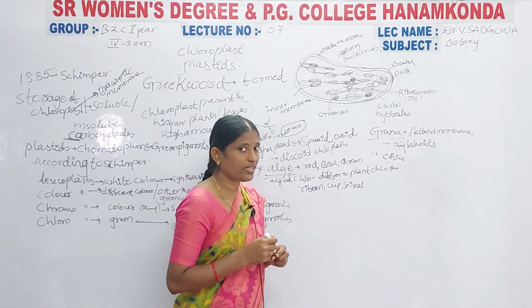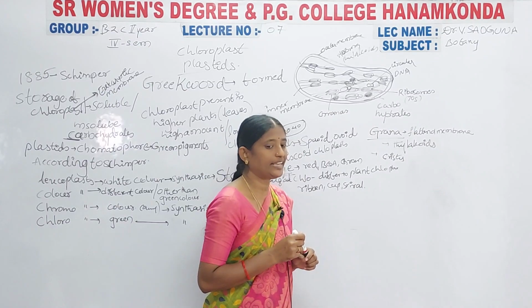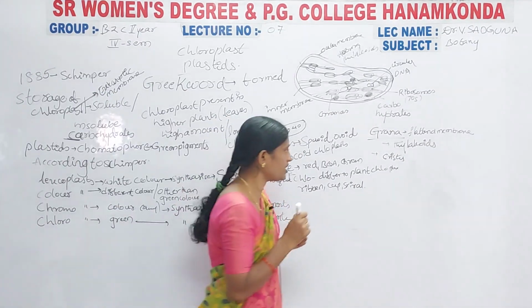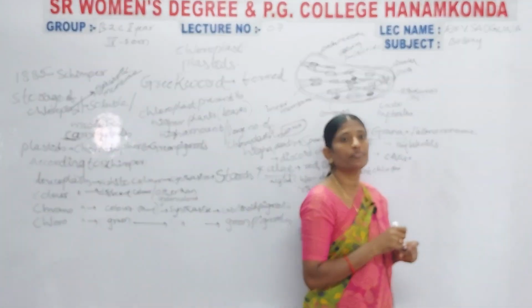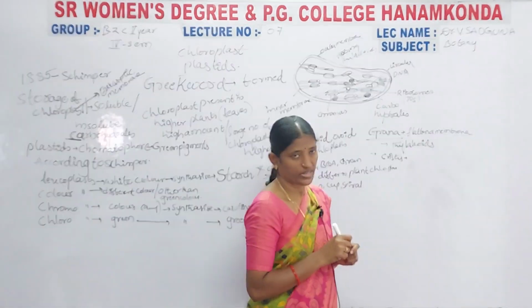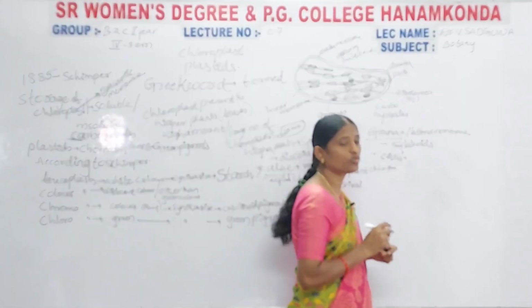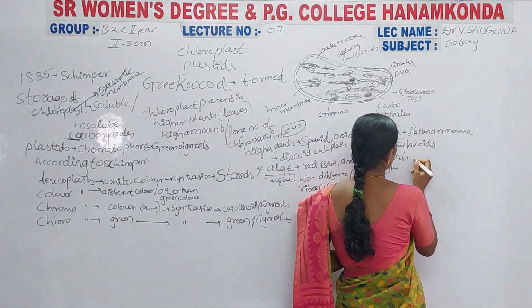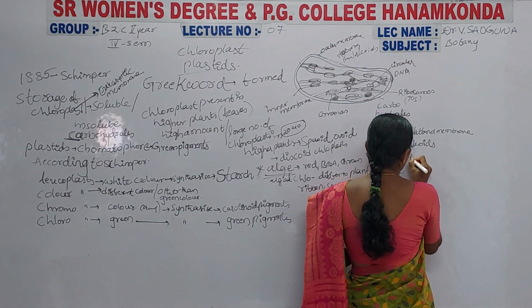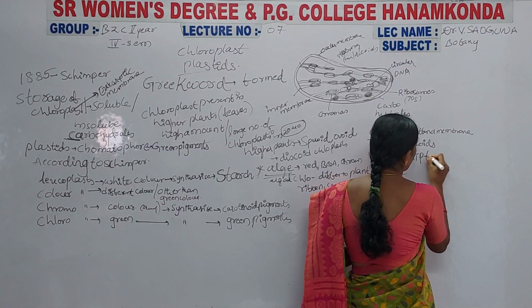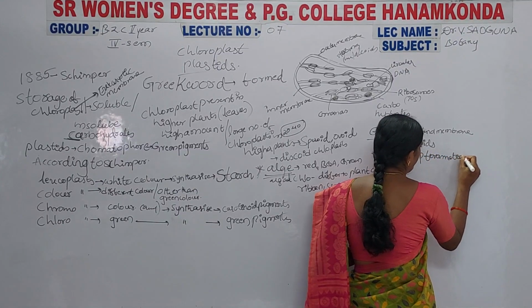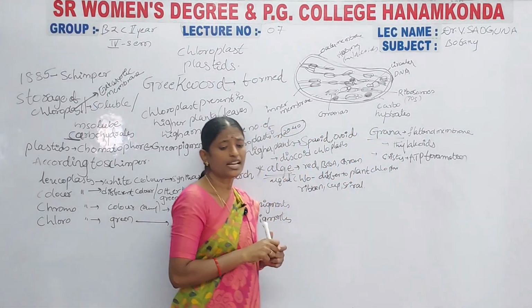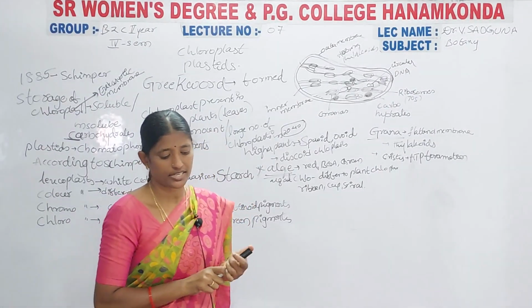At the same time, ATP formation happens. The cristae, or grana, is mostly used in ATP formation in almost all light reactions.